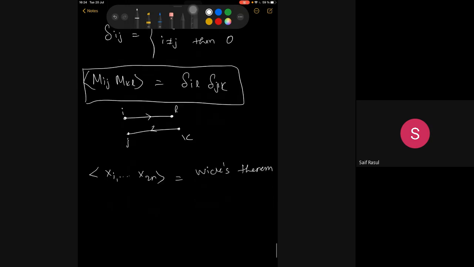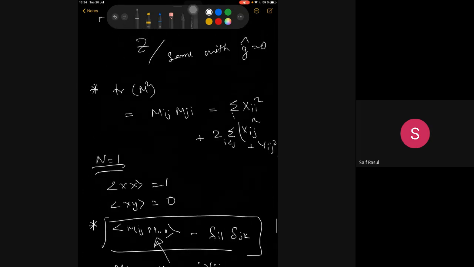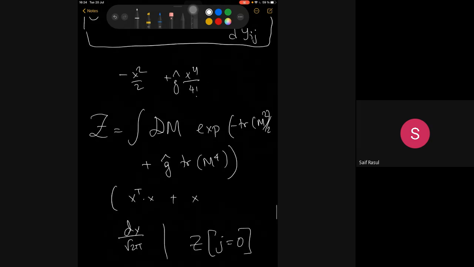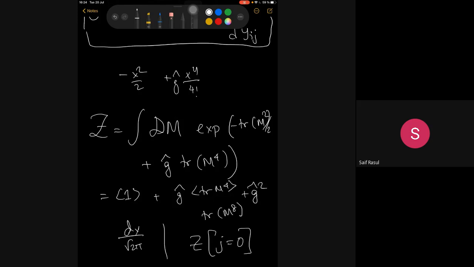For example, if you expand this out, your first term will be 1. Your second term will be the correlation function of trace of M4. You don't have the 4 factorial here. Okay. Trace of M4, trace of M8, and so on.